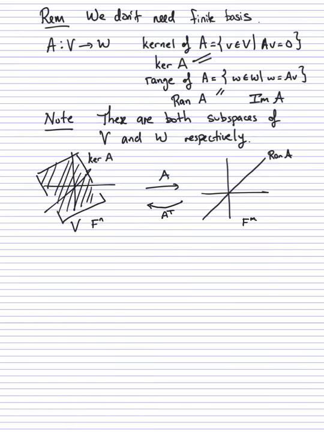The transpose is a map going in the other direction, from F^m to F^n. And we're going to be interested in these four subspaces: kernel A, range of A, kernel A transpose, and range of A transpose. It will also be useful to keep in mind what's going on when you're putting A or A transpose into reduced echelon form.